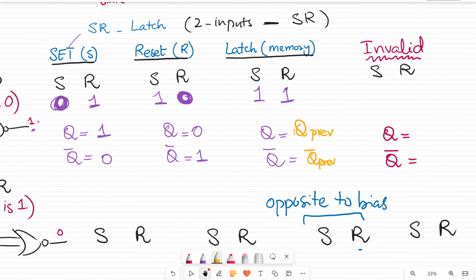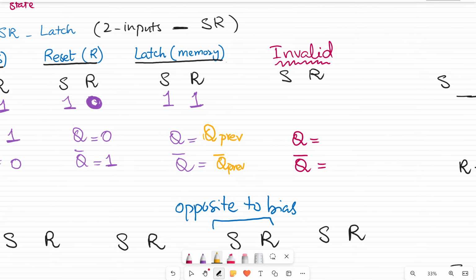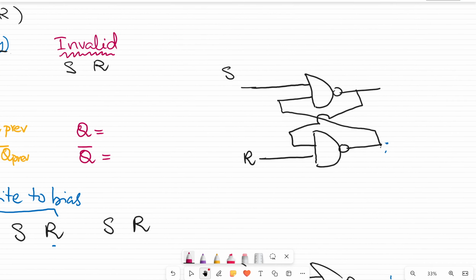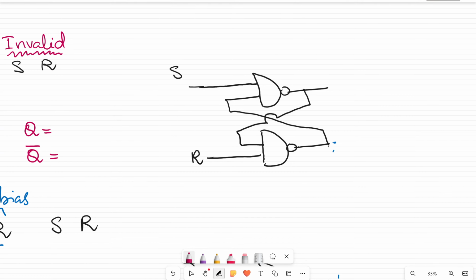So now coming to invalid state. Okay, what is an invalid state in latches? So just because we are dealing with a NAND gate latch, this means that if both inputs get the same bias value, which is 0 input.